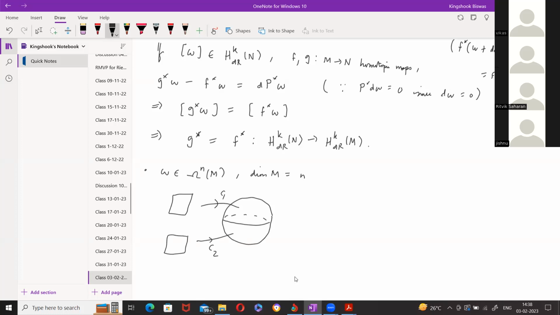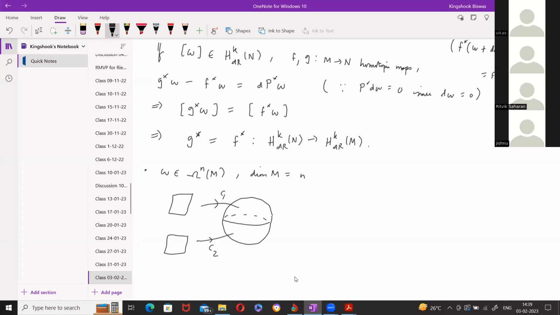So instead of a triangulation, you take a cubulation: you cubulate your manifold, dividing it into cubes, where C1 and C2 are diffeomorphisms from the interior of the cube to the interior of their image.